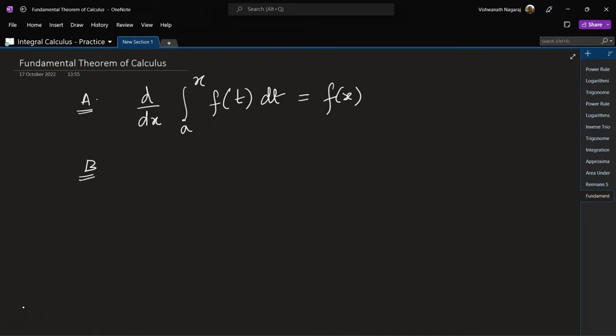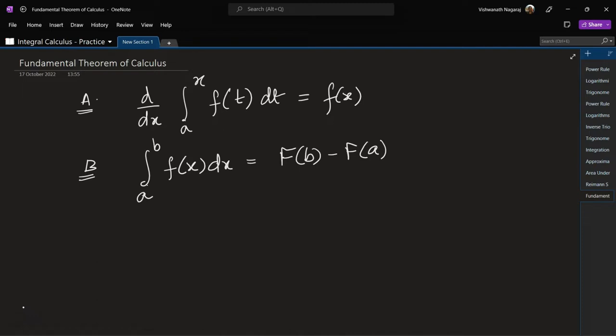And the second part is the definite integral from a to b of f of x dx is equal to capital F of b minus capital F of a. So using these two theorems, we are going to solve problems.